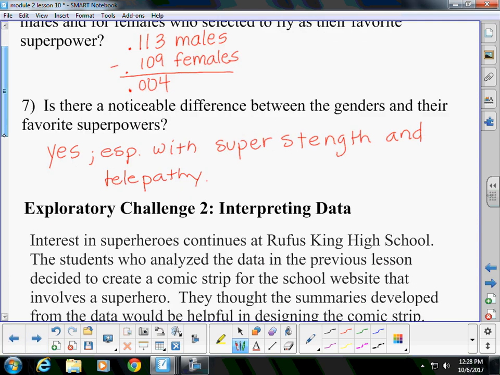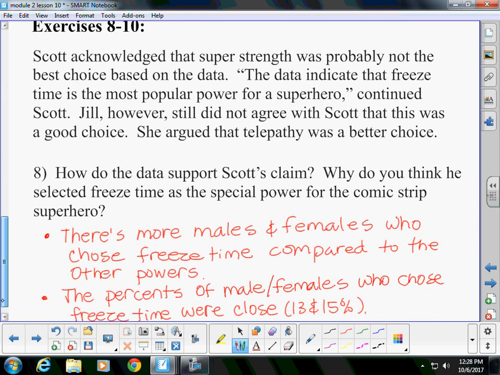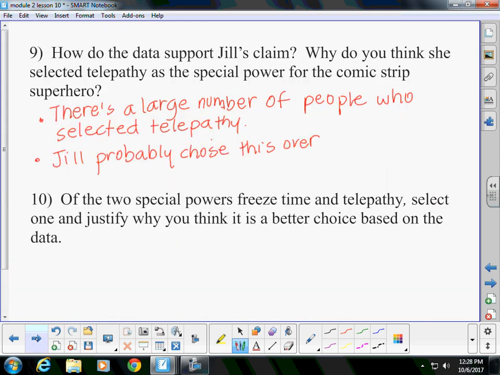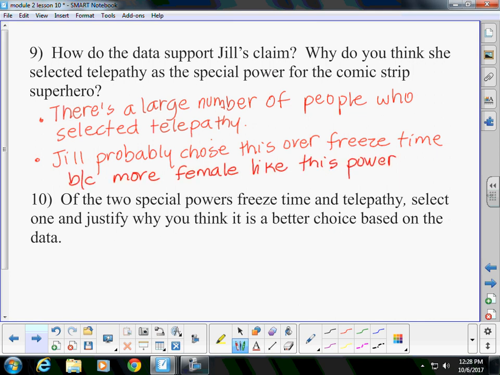She probably chose this one over, what was the one he chose? Freeze time, because there were more females. I think she's siding with the females.